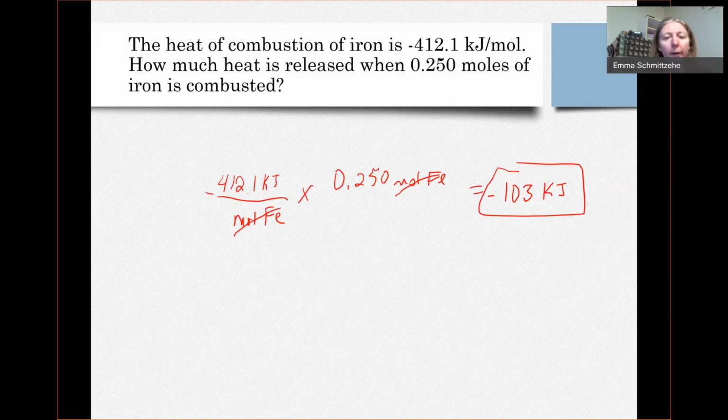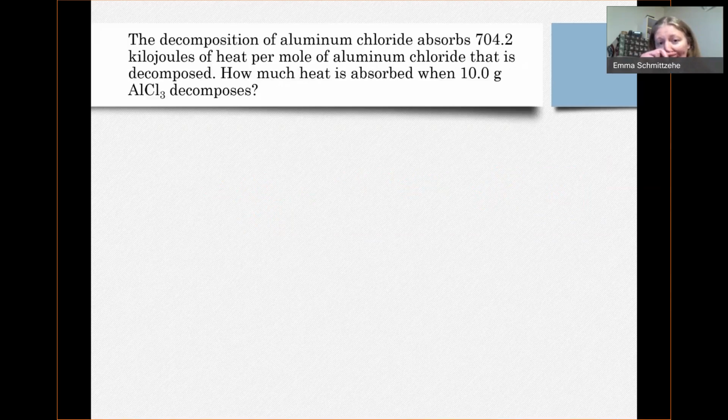Okay, let's do another one. This one is a little bit trickier. Here we have the decomposition of aluminum chloride, and it absorbs 704.2 kilojoules of heat per mole of aluminum chloride. So let's write that down, 704.2 kilojoules of heat per mole of aluminum chloride.